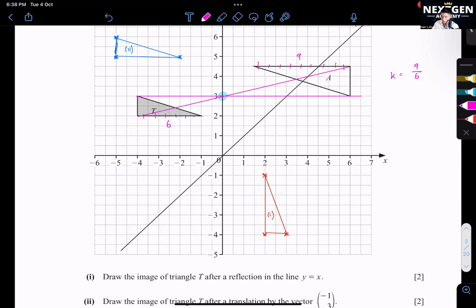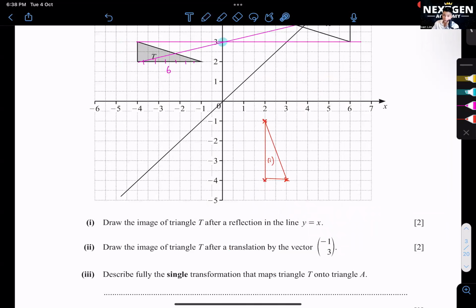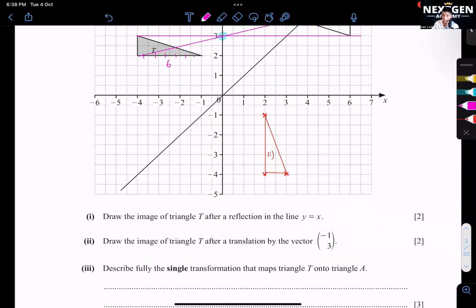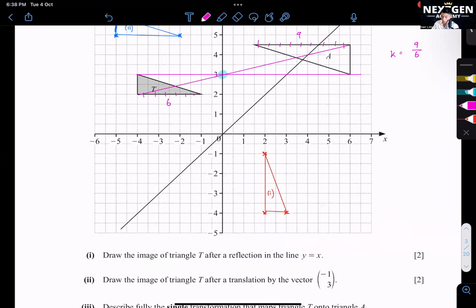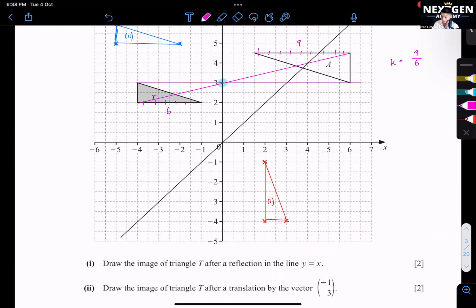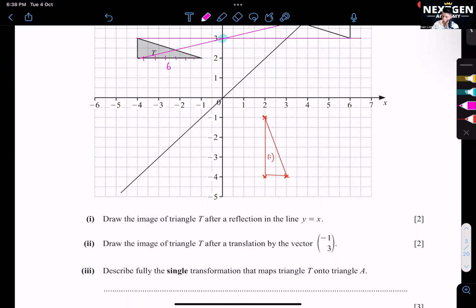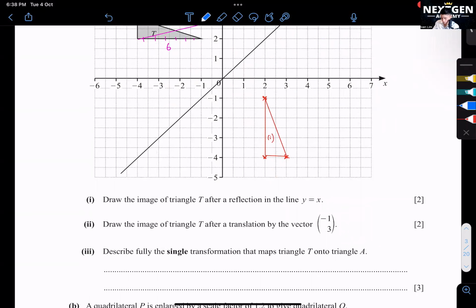9 over 6. Why did question 2 move 2 times? We move 2 times, question 1, then question 2. Then we take the k, and this one is negative, because it's opposite, inverse, it's the terbalik. So this will be an enlargement.